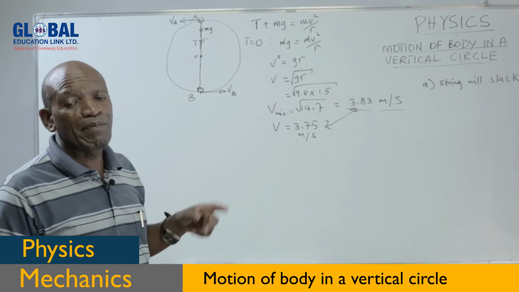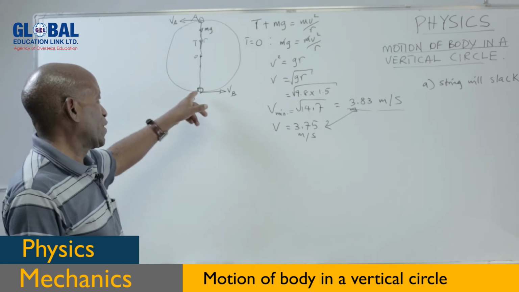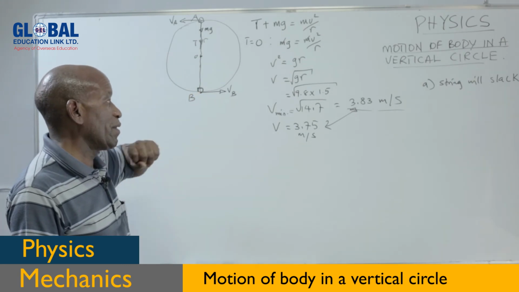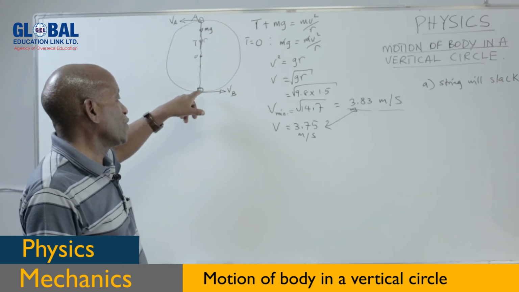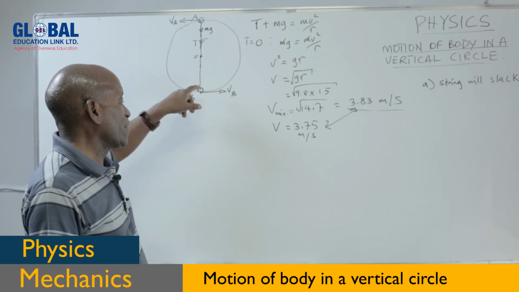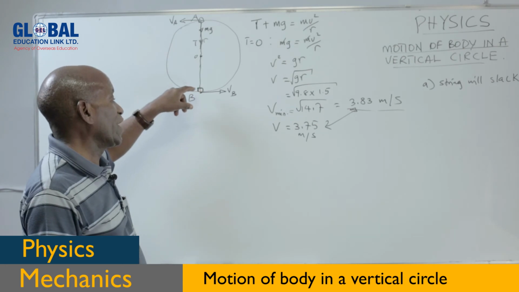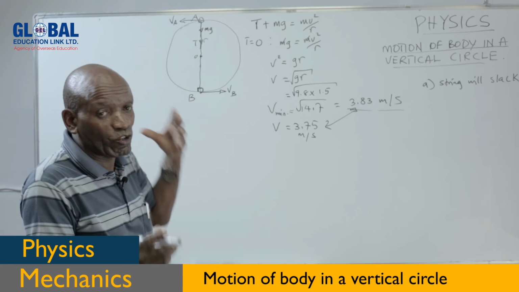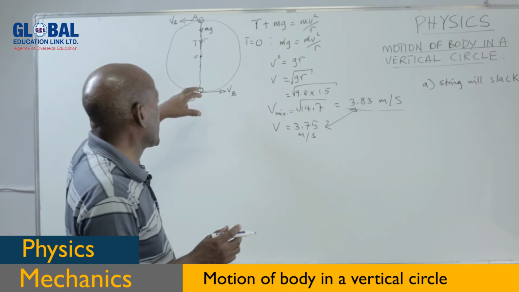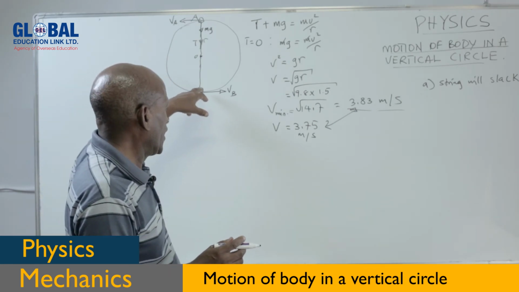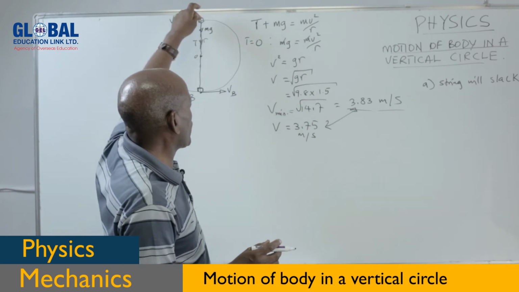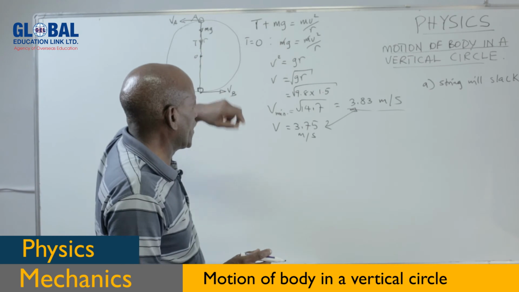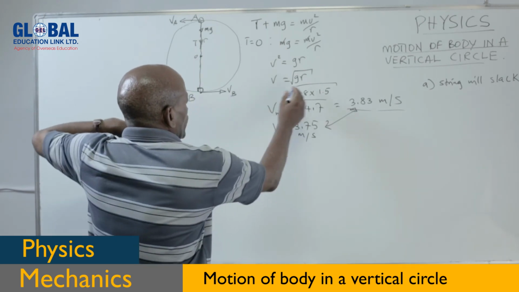To determine this minimum speed, whenever it's passing at the lowest point, which is the VB, it should be the velocity whereby the total energy possessed by a body at the moment it is passing at the bottom there, whenever it reaches the top, due to the conservation of energy, should have a velocity which is just equal to the square root of rg.